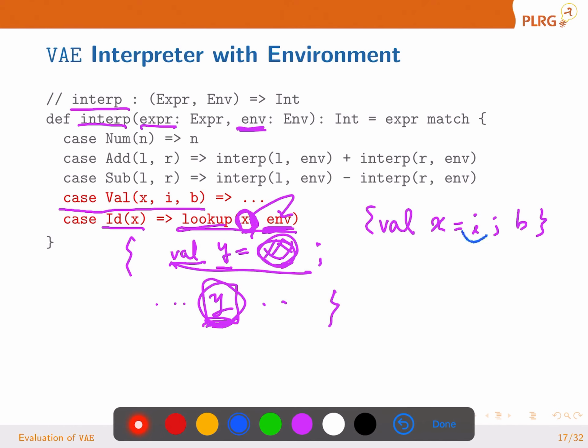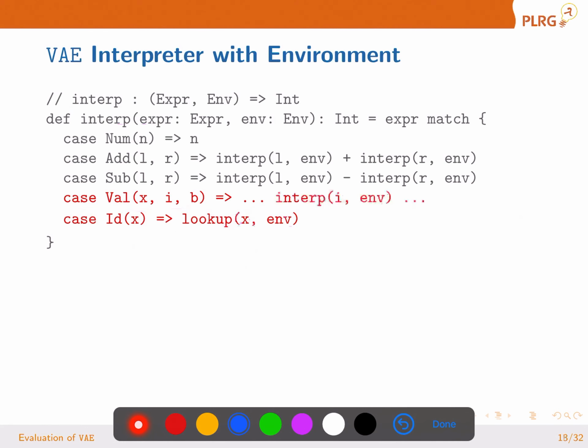We first evaluate this first sub-expression, get the value, and x's value is going to be the value of I. Using that information, we are going to evaluate body b, right? Again, we are going to evaluate I first under the given environment. When we evaluate this first sub-expression, we are going to use this environment. Then this function call is going to return an integer. Whose value is that? It's going to be the value of x.